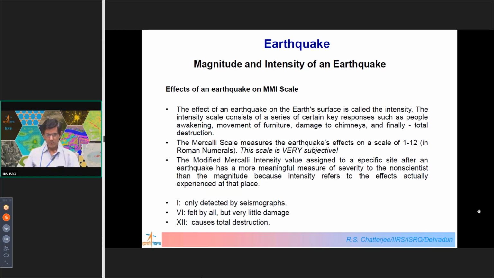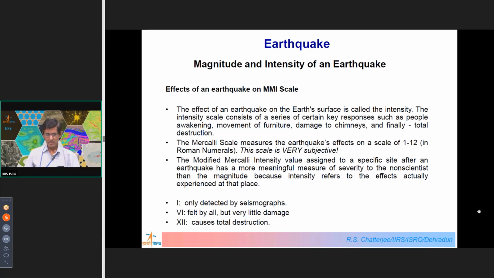Now, the damage an earthquake does is measured in terms of the effect of the earthquake. The effect of an earthquake on the surface of the earth is called the intensity of the earthquake, and the intensity scale consists of a series of key responses. When the earthquake is very feeble, very weak, sometimes people may not even feel it.